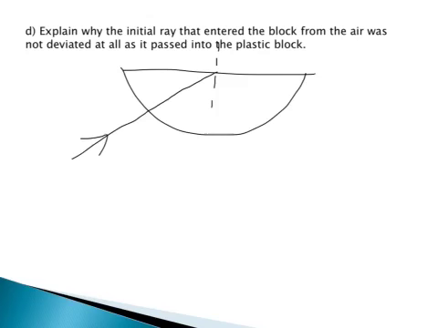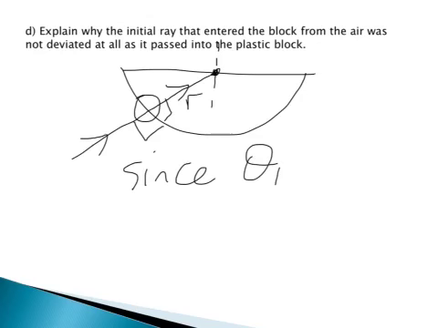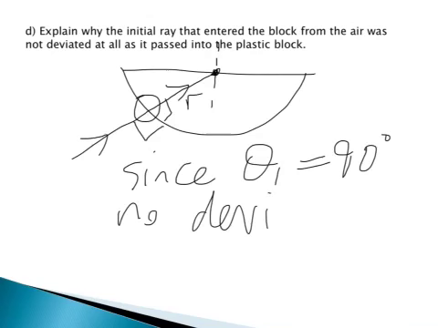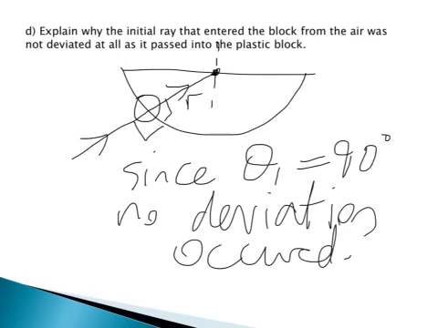And since this path happens to hit the center point of the semicircular plastic block, we know it must have travelled along the radial line, the radius of that shape, which means via geometry that this incident angle here must have been 90 degrees on both sides. So we can just simply say, since theta 1 equals 90 degrees, no deviation occurred. And that'll do for the answer.